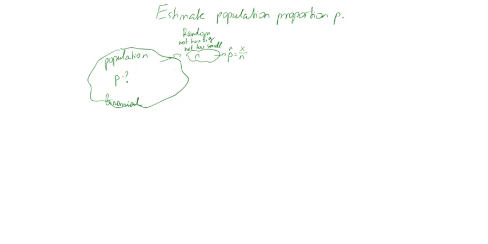Theoretically, I can get any sample of the same size, and I can get lots of different p-hats. And all of those p-hats would be a little different because samples vary and p-hats vary, which means that p-hats, if I put them all together, they create kind of their own distribution.